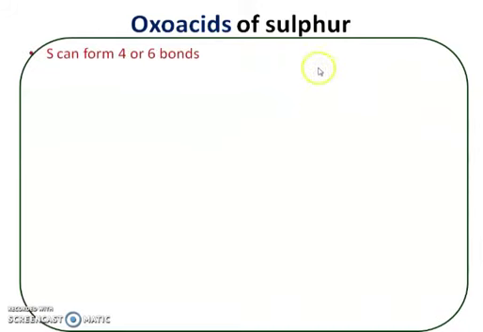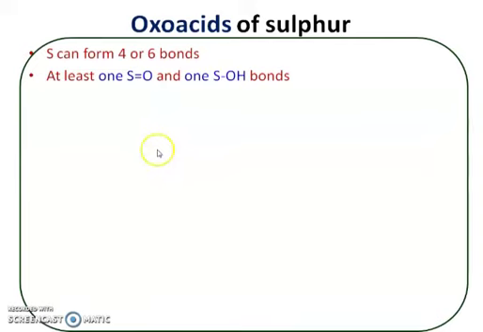While writing the structure of oxyacids of sulfur, keep in mind that sulfur is able to form 4 or 6 covalent bonds. So sulfur is able to form either 4 covalent bonds or 6 covalent bonds. This is important.